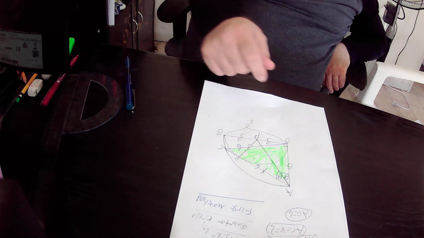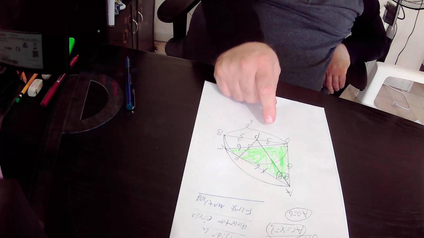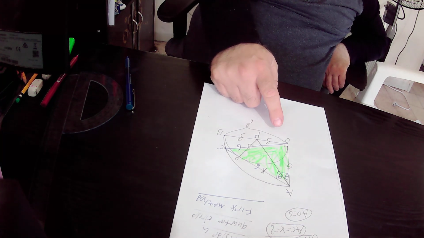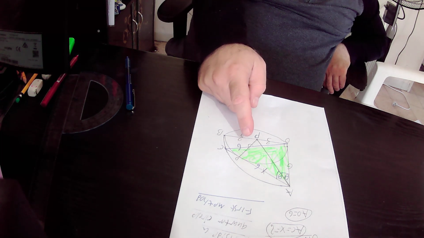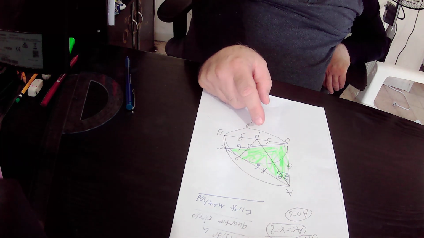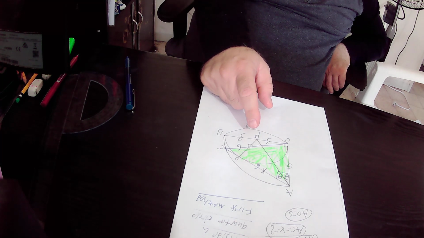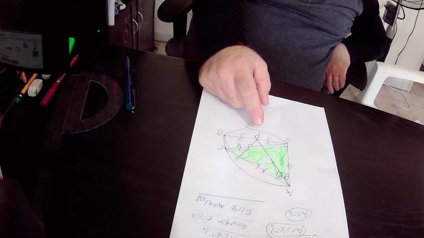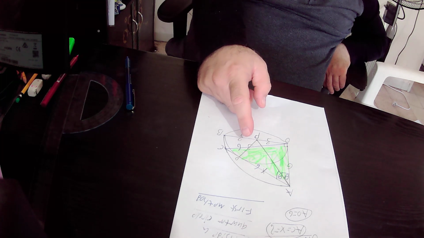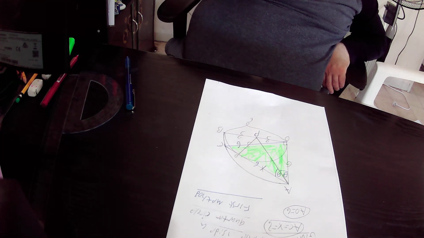So the radius of the semicircle equals 3 units, that is to say OP equals PB equals PD equals 3 units. All those line segments are radii of the semicircle because they start from the center of the semicircle and end on the semicircle itself. And this is the definition of a radius.